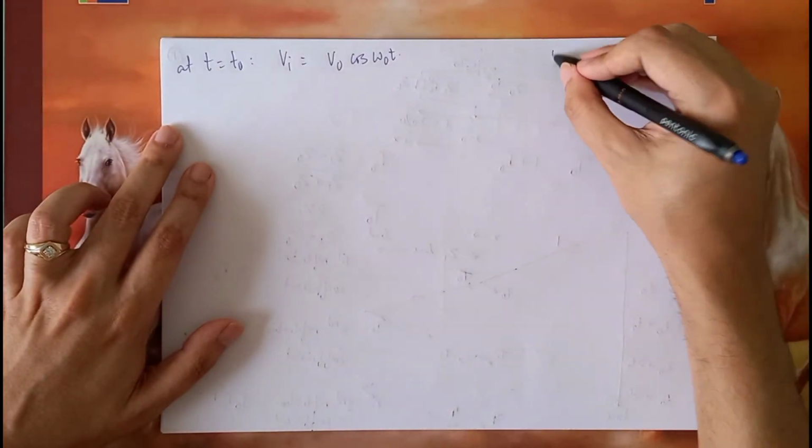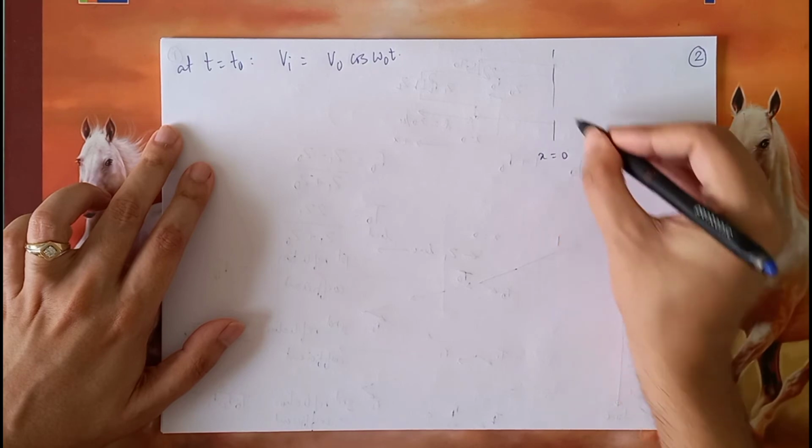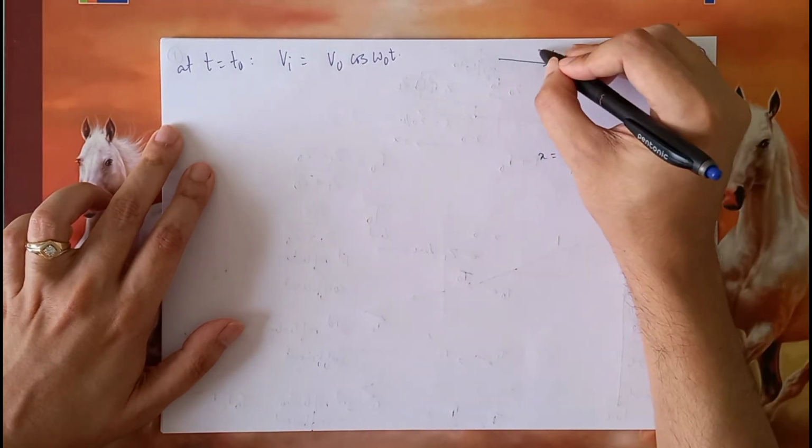This is the wave that hits the point x equal to 0, that's the boundary. This is Vi.